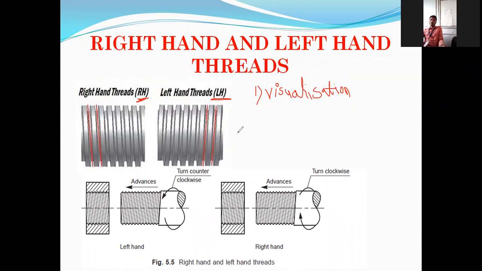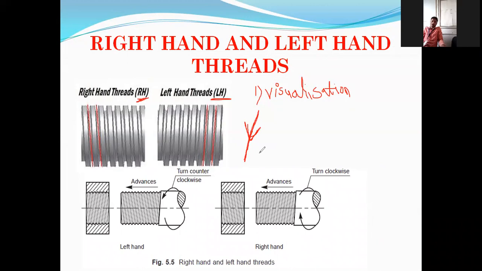Suppose I take the left hand line. It is in this way. From where to where is this line going? Downward. Here we give a downward arrow. From which side to which side, from right hand side to left hand side or from left hand side to right hand side?